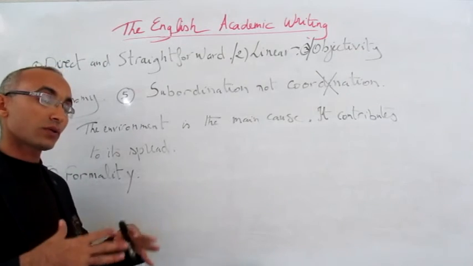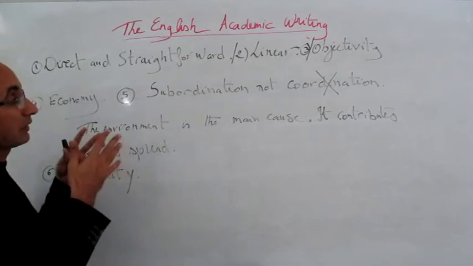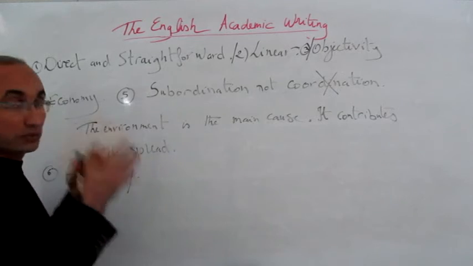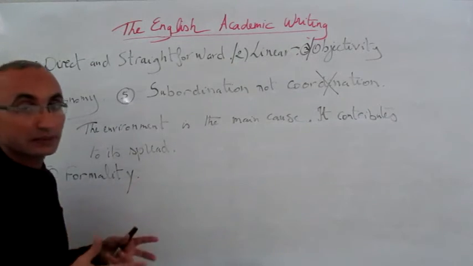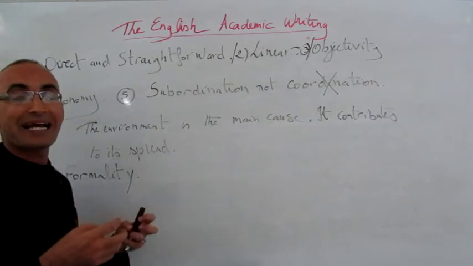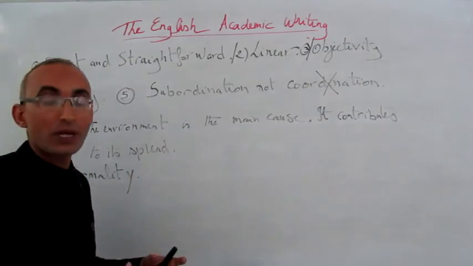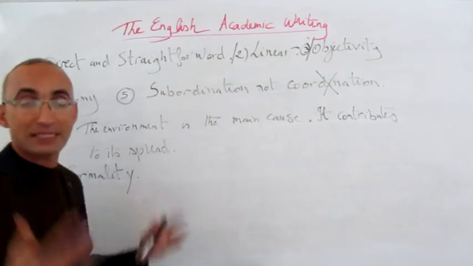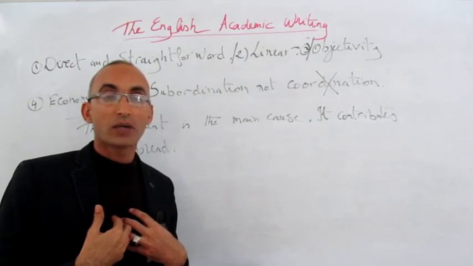So, in our course of paragraph writing, we will try to respect all these qualities and features to make our piece of writing as academic and as formal as possible. We are not supposed to express our ideas in paragraphs the way we like. No, it's wrong.